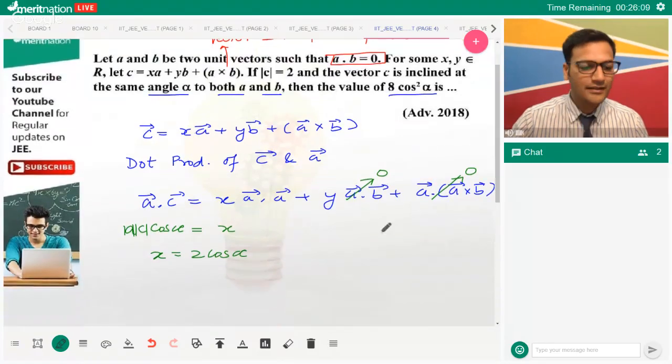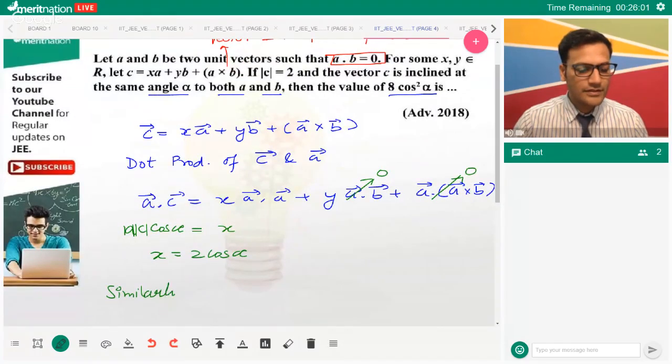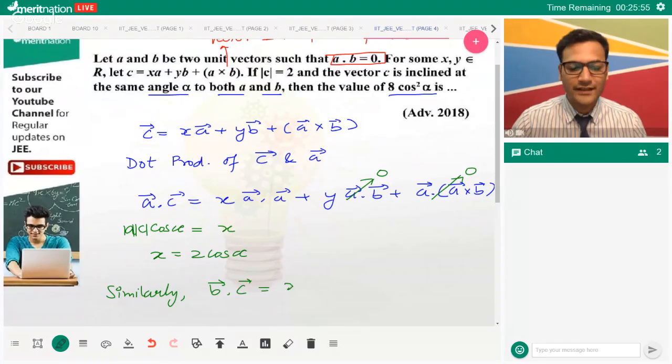Similarly, we can take the dot product with B over here. So what will we have? x times 0 plus y times B dot B, which gives me 1, plus B dot A cross B. B and A cross B are perpendicular vectors, hence this will also be 0.